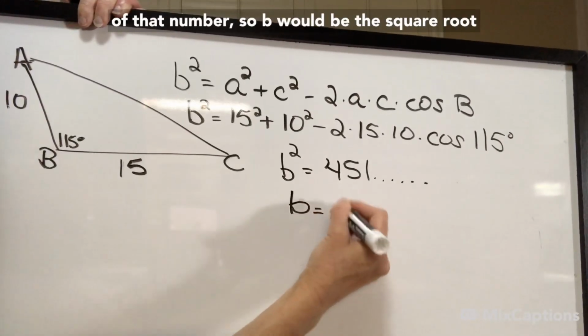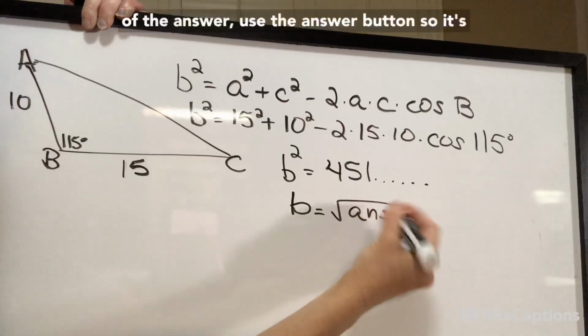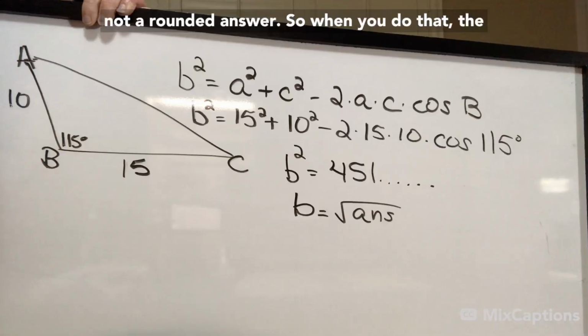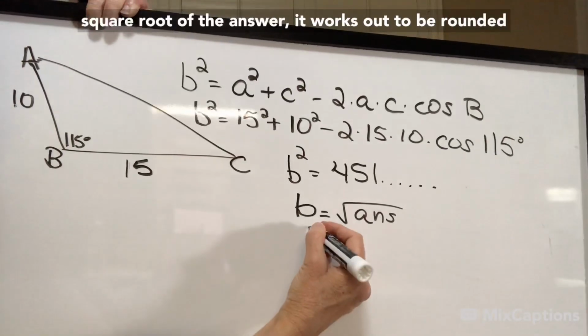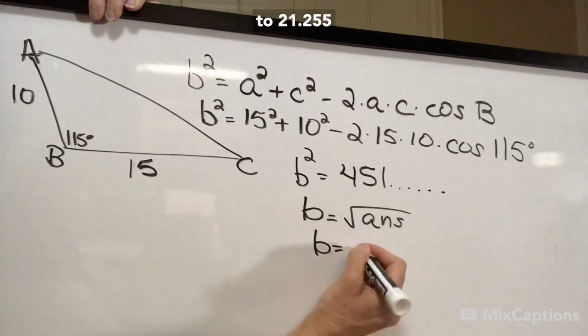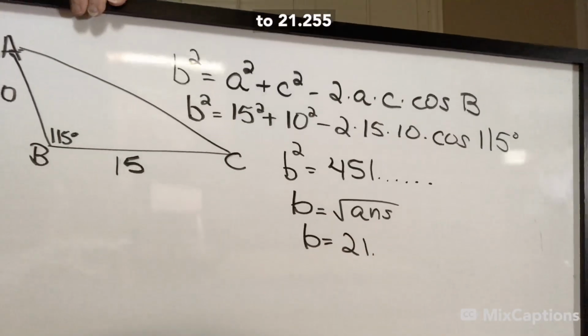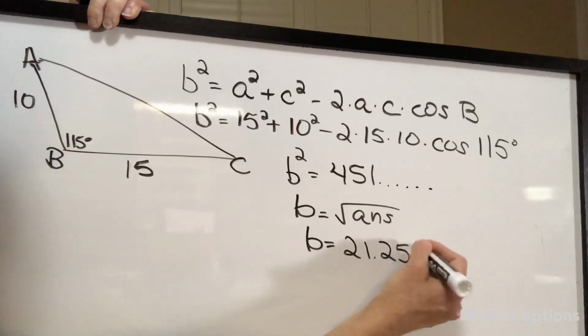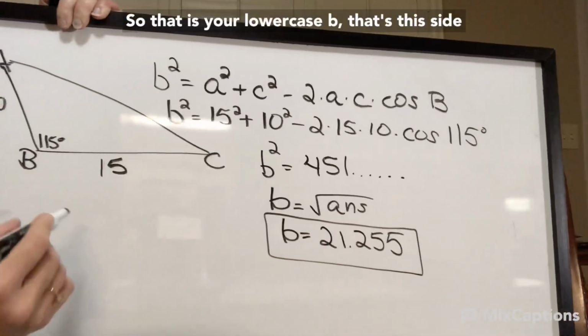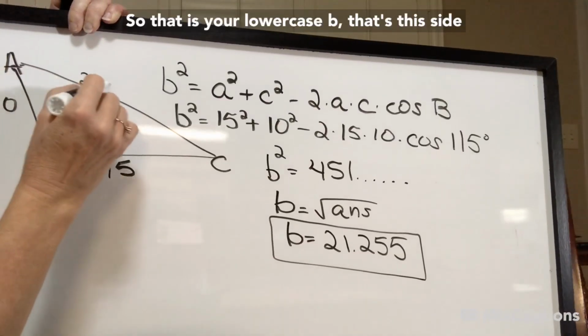So B would be the square root of the answer. Use the answer button so it's not a rounded answer. So when you do that, the square root of the answer, it works out to be rounded to 21.255. So that is your lowercase b. That's this side.